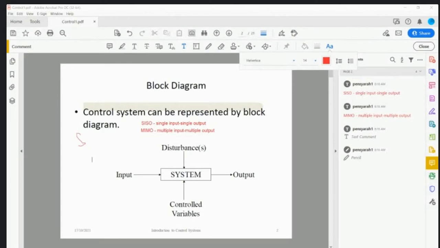Last one is the disturbances. Disturbance is a parameter that we don't count when we control the system, but the disturbance will sometimes affect the performance of the system. For example, you have an aircon system in your room, and you set the temperature to 24 degrees Celsius.